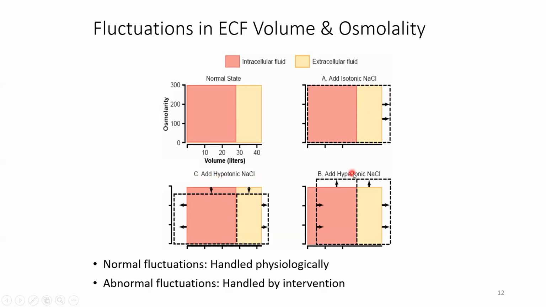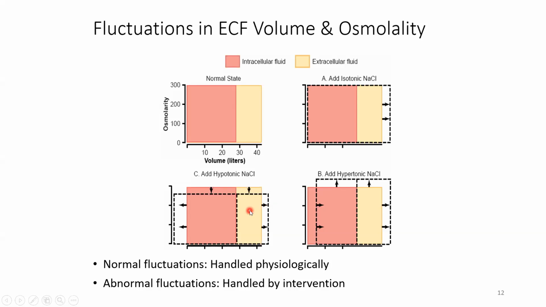Now, let's take this. Look at this. You add hypotonic saline. Now, you added it in the extracellular compartment. Okay, what has happened? It is hypotonic, i.e., it is diluter than your ECF compartment. What will it do? It will decrease the osmolarity, increase the volume naturally.